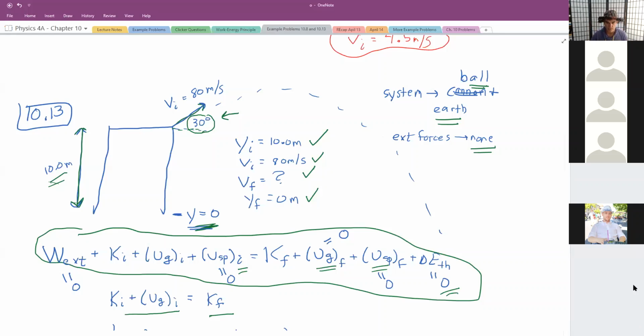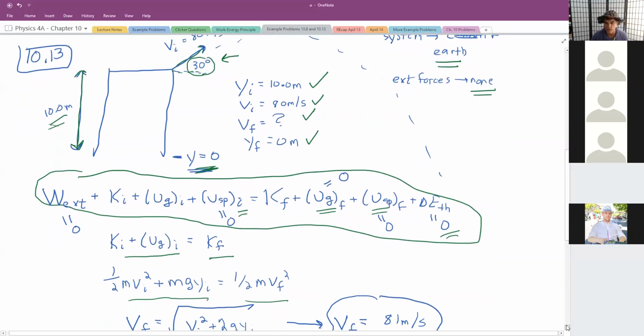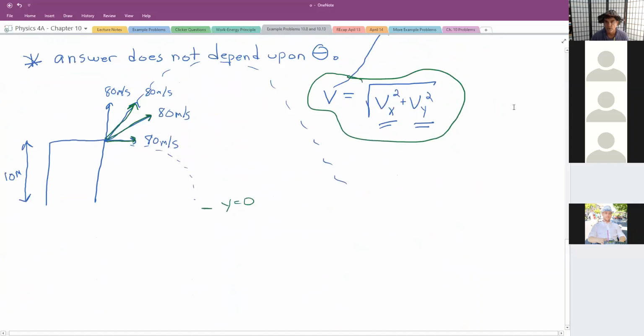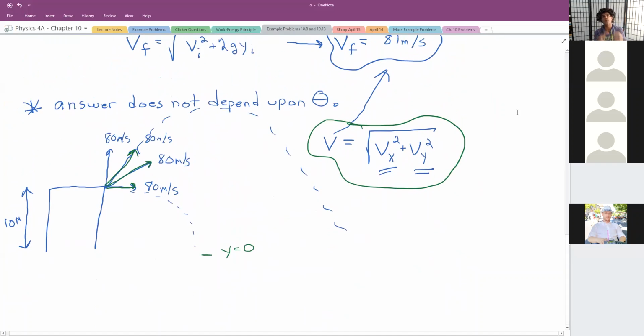Now, what I challenge people to do, if they wanted to, was as a way of reviewing this, you could do this problem from projectile motion. I would have to analyze each one of these separately, because keep in mind, if I have the launch speed and the angle, I know my initial velocity in the x direction would be v naught times the cosine of theta, and my initial velocity in the y direction would be v naught sine theta.